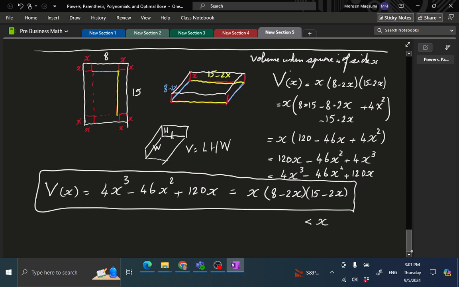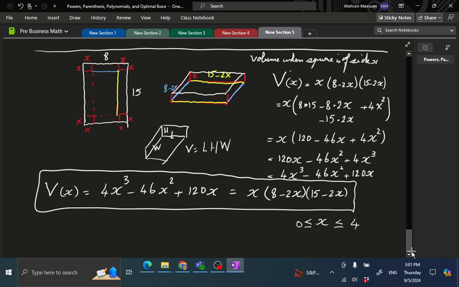X has to start somewhere from 0, and it doesn't make sense to go past 4, because then one square is going to interfere with the other square. 15 is big enough for us to go as far as 4, but the other side, 8, limits our x between 0 and 4. Okay, so far with me.